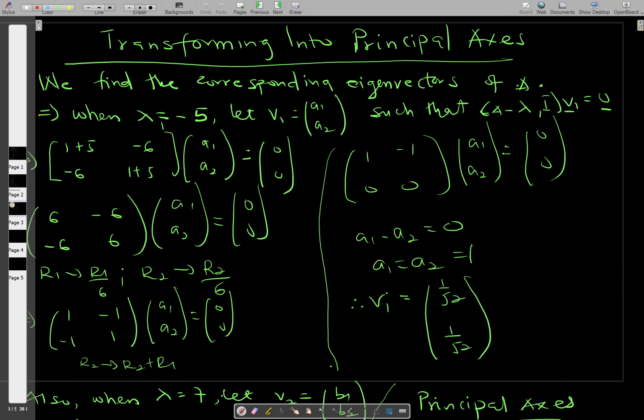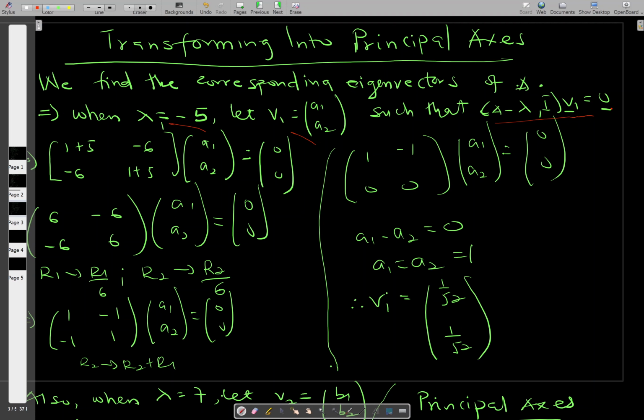Now let's transform it into the principal axis. To do that, we find the corresponding eigenvectors of A. Let's consider each of the eigenvalues. When lambda 1 is negative 5, we let v1 be a1, a2 such that A minus lambda 1 I times v1 equals the zero vector.